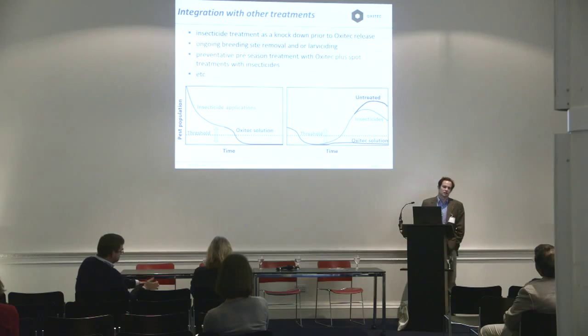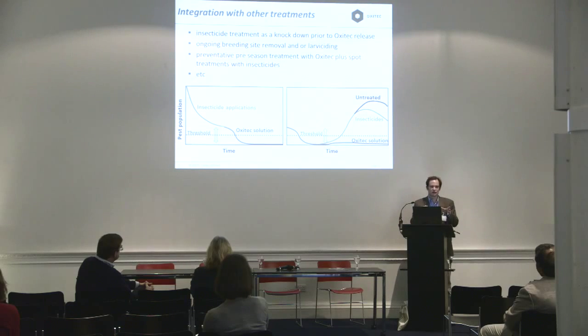Borrowing from the historical experience in agricultural SIT programs, one of the most effective combinations of conventional control and SIT control is to use conventional insecticides and other methods to really bring down the bulk of the population.